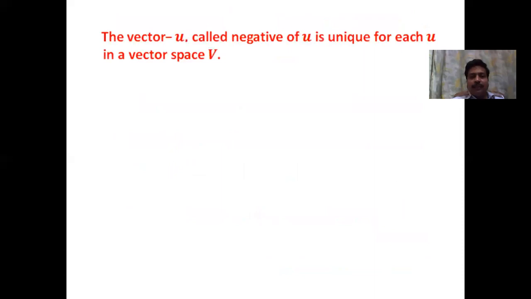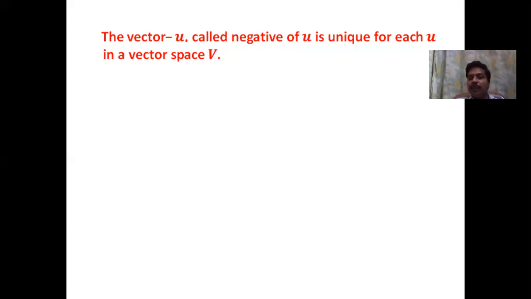Next, another one: the vector minus U, called the negative of U, is unique for each U in a vector space. We have already seen from axiom number 5 that every vector must have a negative, another vector minus U, such that U plus minus U is equal to O. Here we are going to prove that the negative vector is unique.